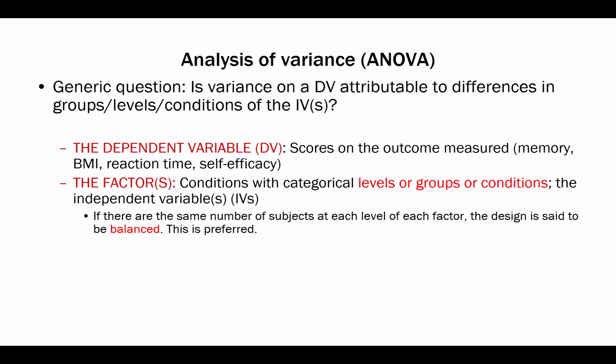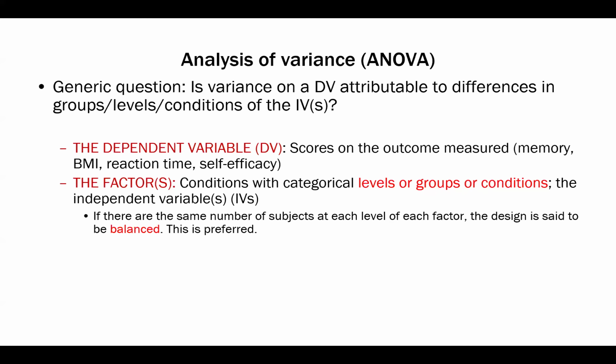Should be a continuous variable at the interval or higher level of measurement. And the factor or factors are conditions that have categorical levels or groups. So categorically measured conditions. So for instance, the membership to a various political organization.